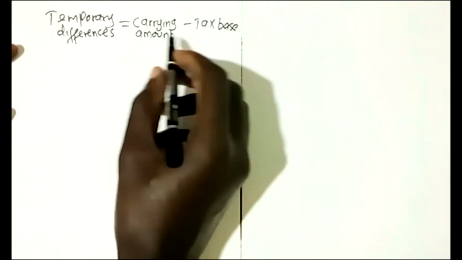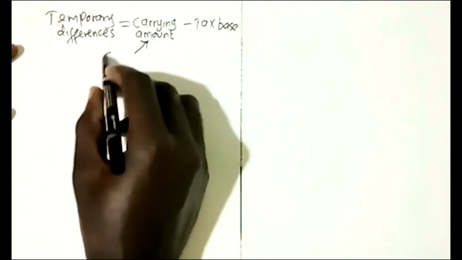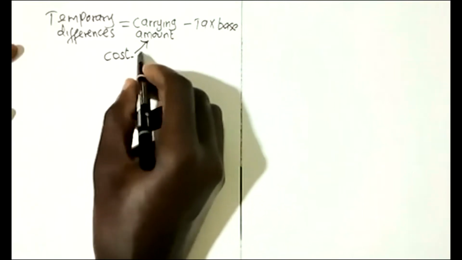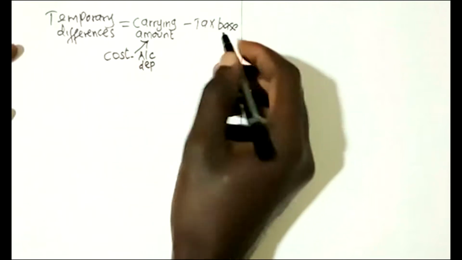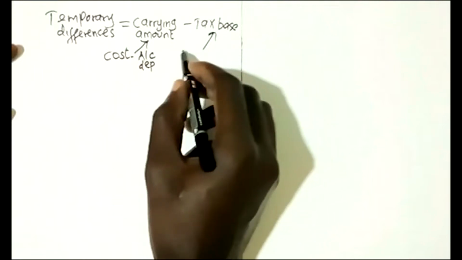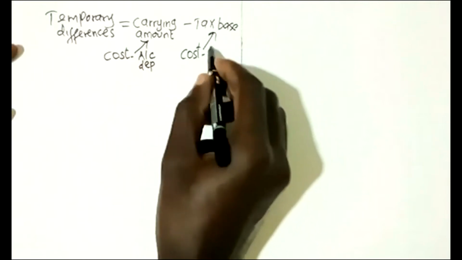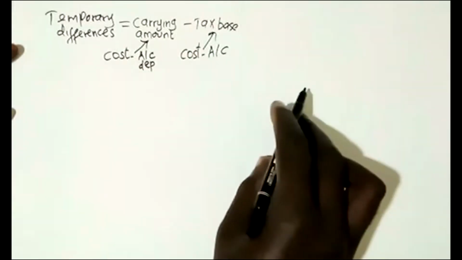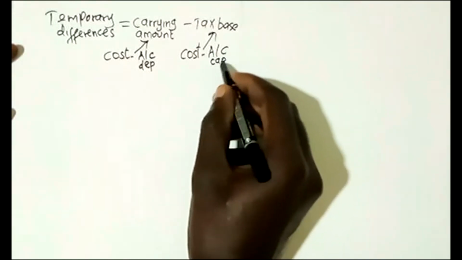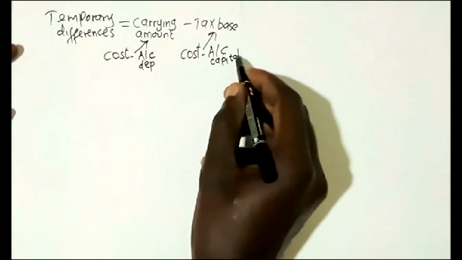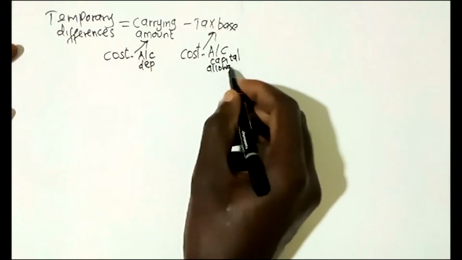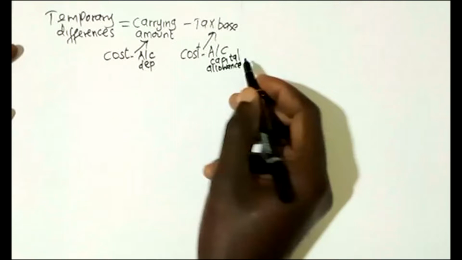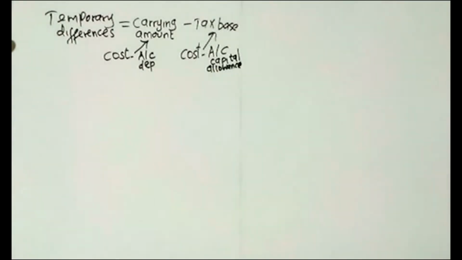You need to know how you get the carrying amount: cost minus accumulated depreciation. How do you get the tax base? Cost minus the accumulated capital allowance.